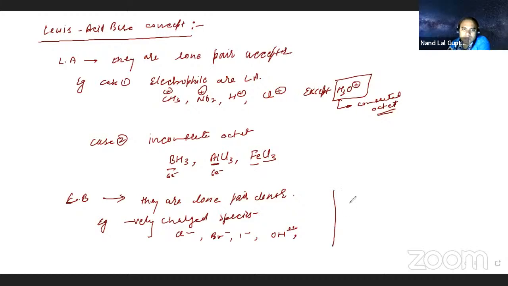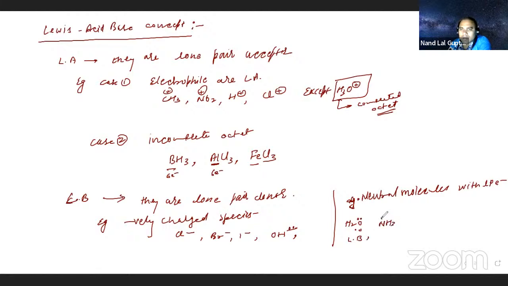Next example: neutral molecules with lone pair electrons. This is example type 2. Like H2O, which has lone pair electrons, so it is going to be Lewis base.